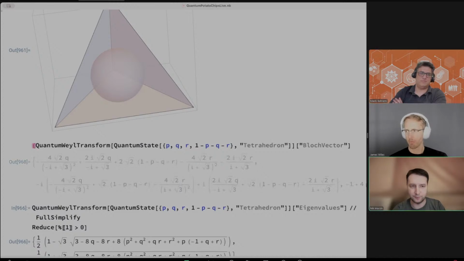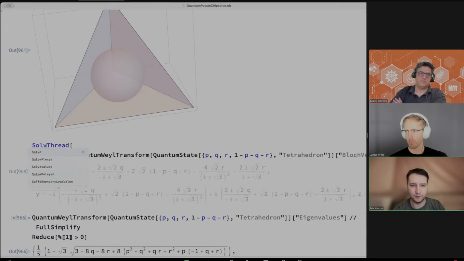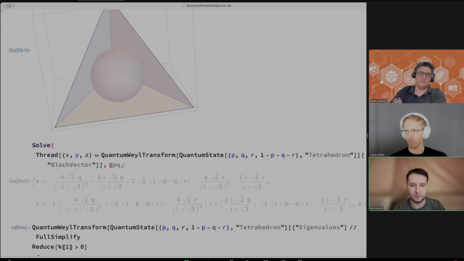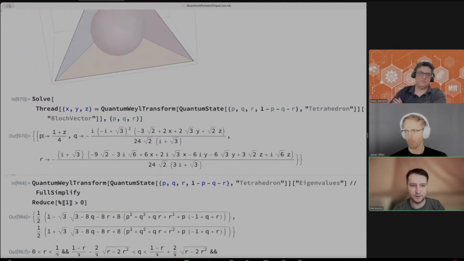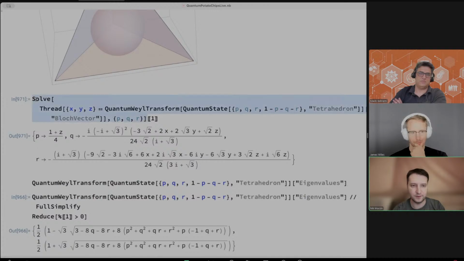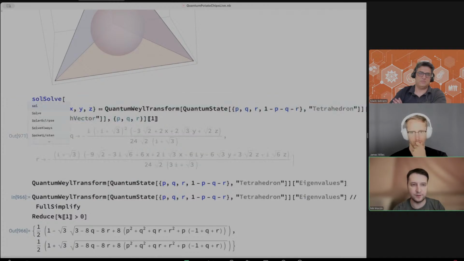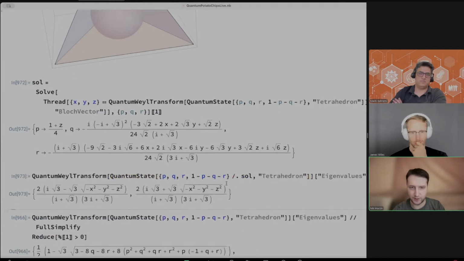So we can solve for this constraint. We form these 3 equations and solve for our probabilities. Then we use the first solution in here. This is our solution, and we use it here to compute the eigenvalues.